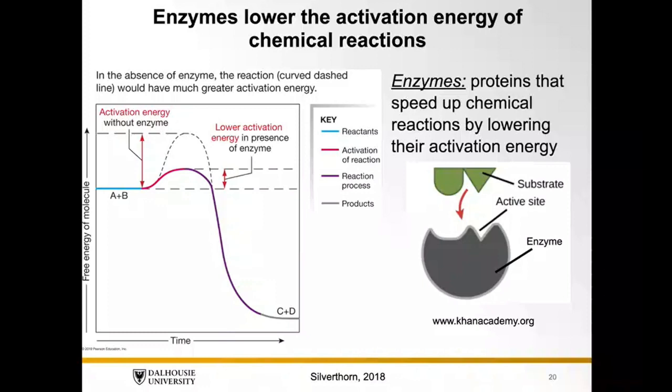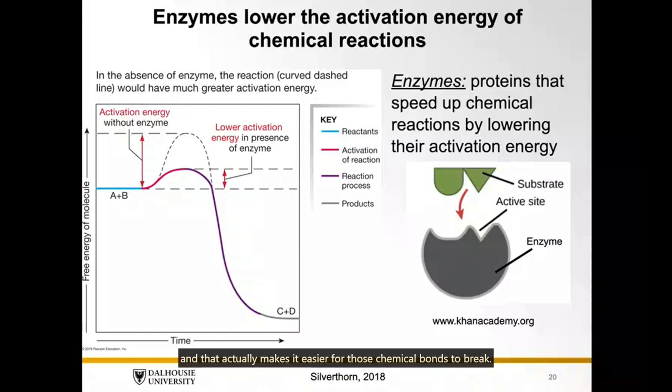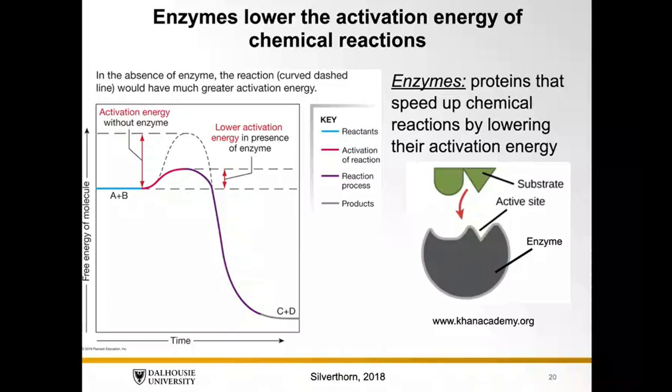So for instance, some substrates might like an acidic environment, and the enzyme will be able to provide that. Another way that enzymes can lower the activation energy is by basically bending the substrate. So you bend the substrate a little bit, and that actually makes it easier for those chemical bonds to break. So there are different ways the enzyme can work, but in the end, all of them decrease the amount of energy that the chemical reaction needs to happen.